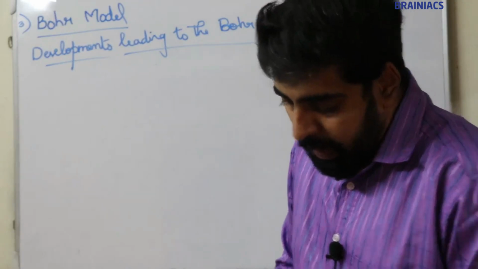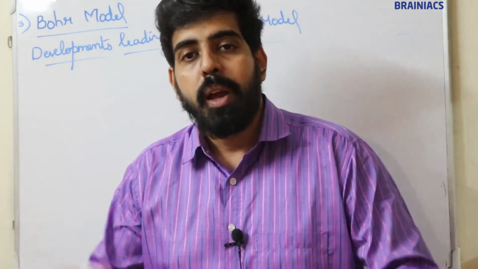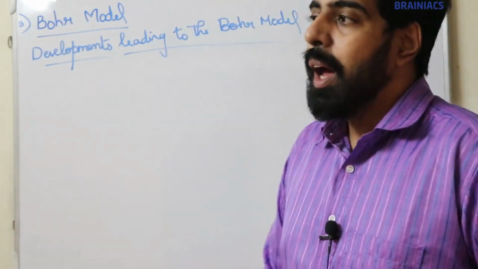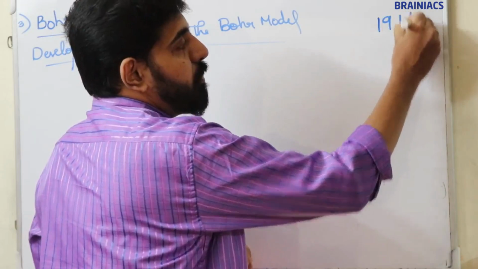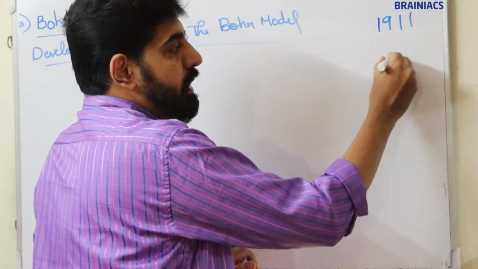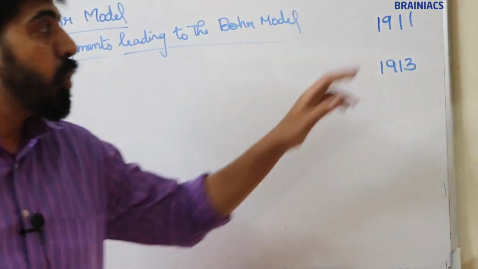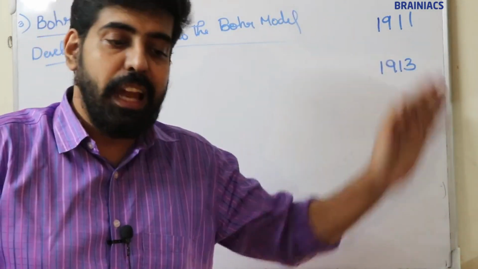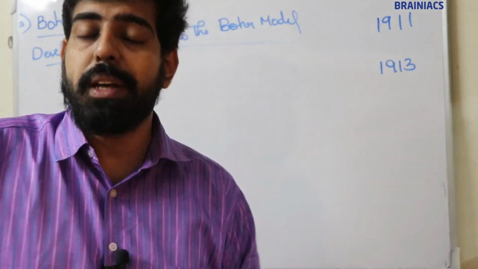After the Rutherford model, the next model is the Bohr model. Rutherford proposed his model in the year 1911 by conducting a set of experiments known as alpha ray scattering experiments.